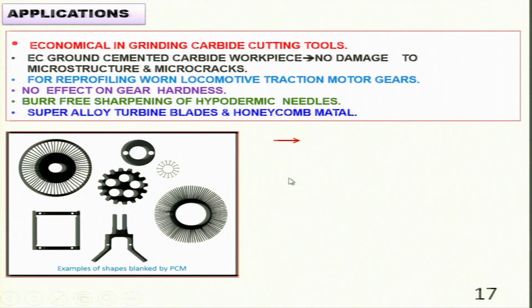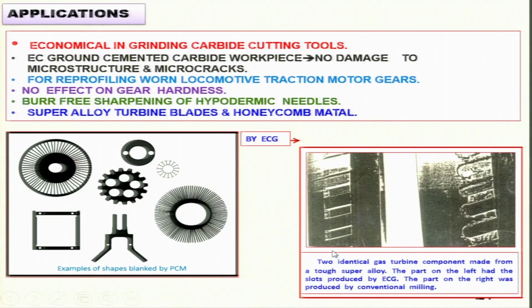Now you can see some of the devices which have been machined or finished by photochemical machining, we will see, but they can also be done with the help of electrochemical grinding. So one part can be made by different processes, that's why I have shown it here also, and I will show you this in photochemical machining also.